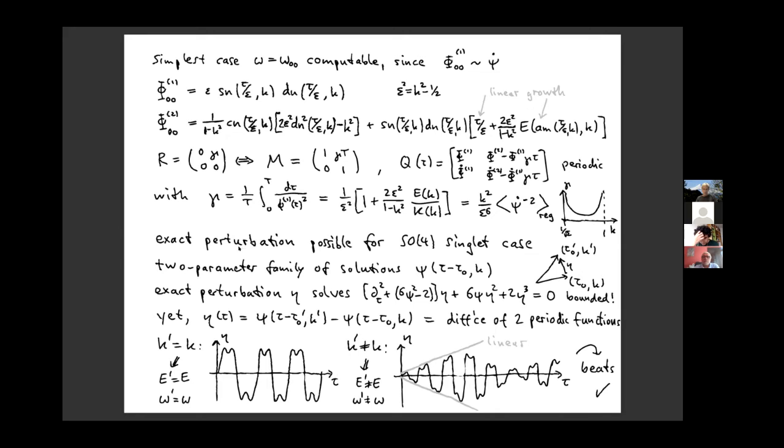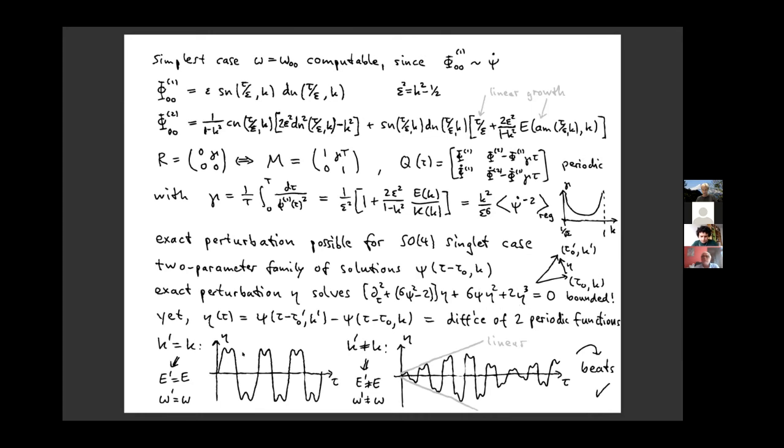So in this case, however, we can do better, because for the SO2 singlet case, we know the 2-parameter family of solutions. They're given by our functions psi, labeled by the energy parameter and the shift in t. And we can exactly solve for the perturbation eta, which satisfies a nonlinear equation. So that's the full equation for the perturbation beyond the linear regime.